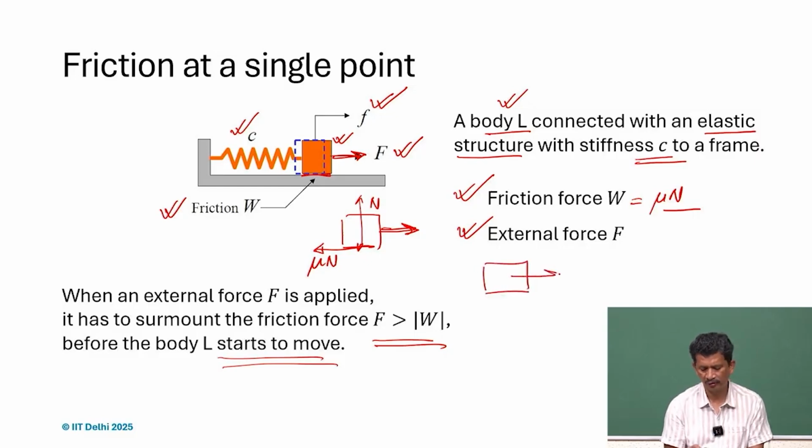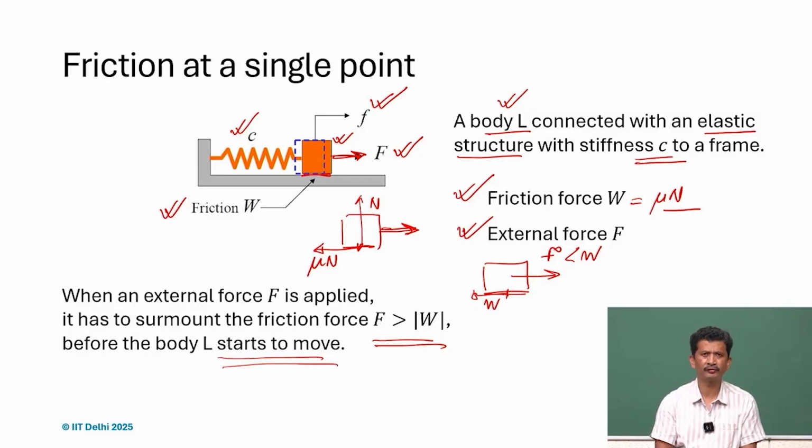So even if we have this external force which is less than W, the force W readjusts till F reaches the value W, and only then it starts moving. We can do vice versa.